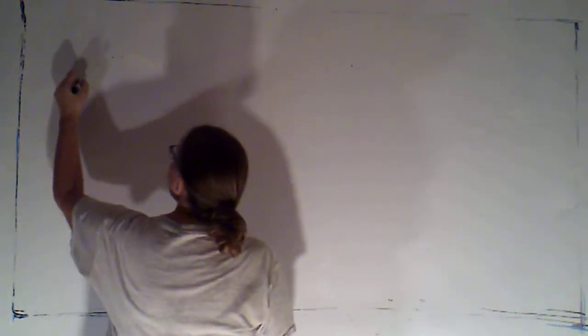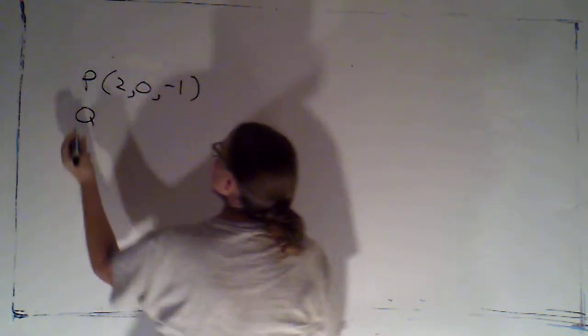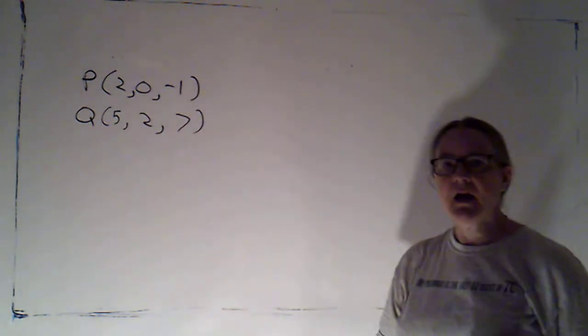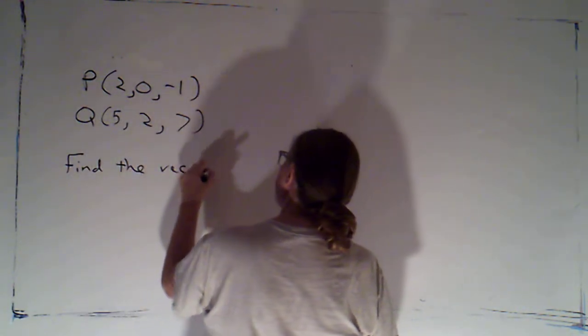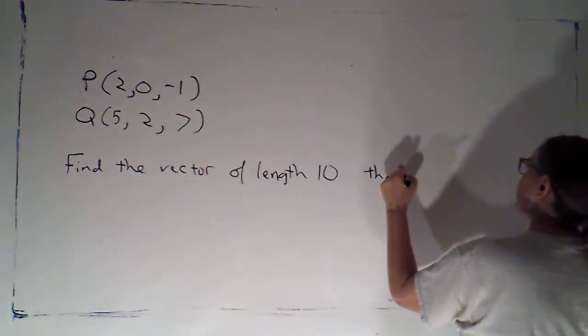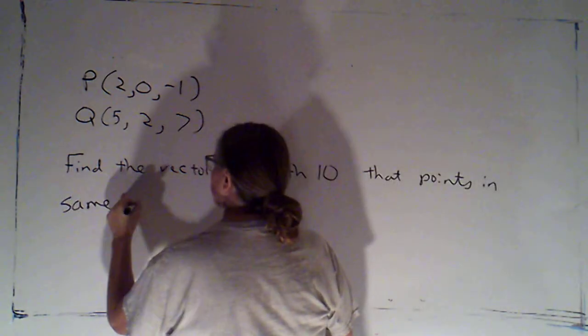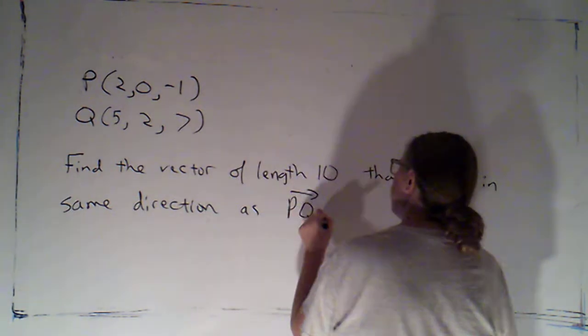I want to just do one example to show how unit vectors can be helpful for us. Let's suppose that I've got a point P, (2, 0, -1), and a point Q, (5, 2, 7). And I want to find the vector of length 10 that points in the same direction as PQ.